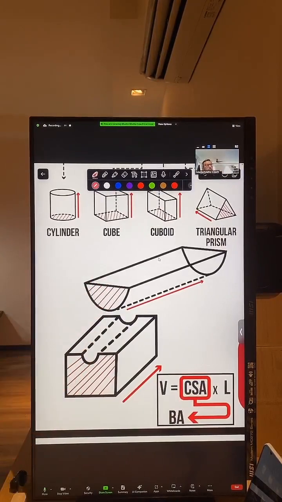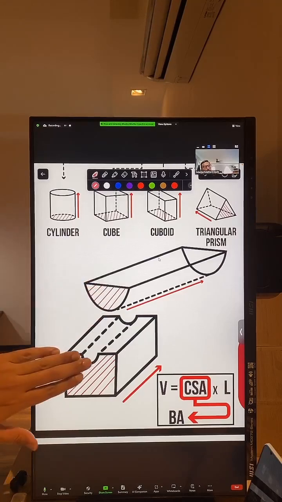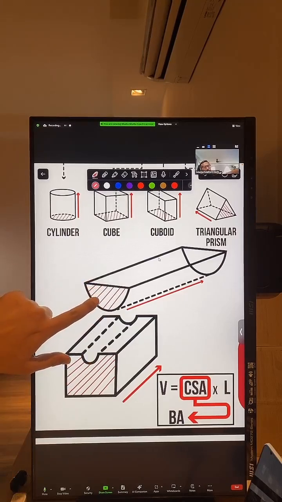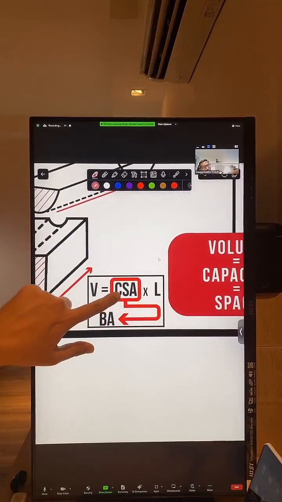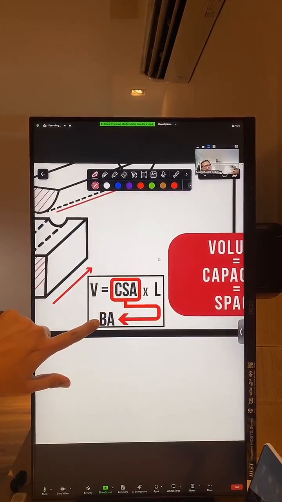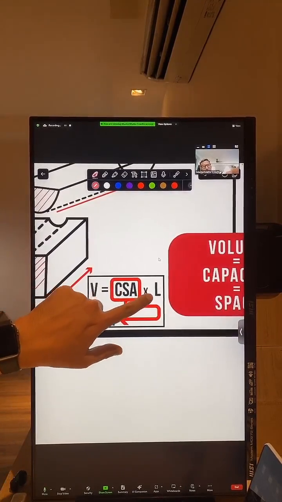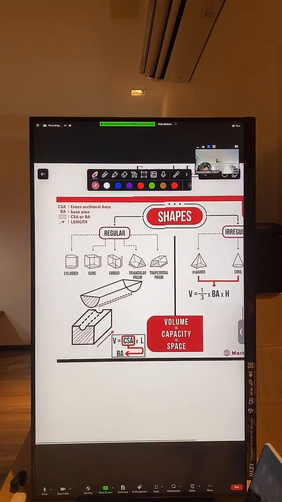We are not promoting prism here. Prism here means a shape that has a cross-sectional area. The CSA over here is cross-sectional area. We can also call it the base area. So you take the base area times the length or height, and you get the volume of the prism.